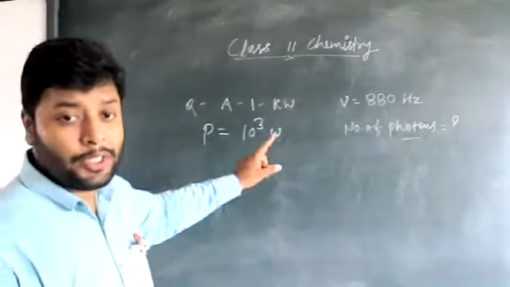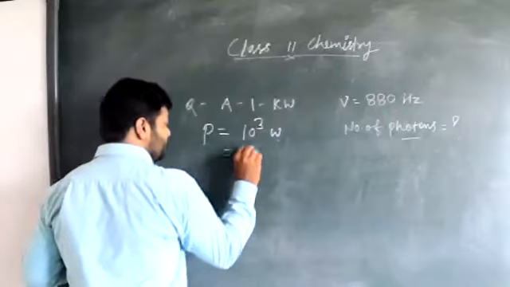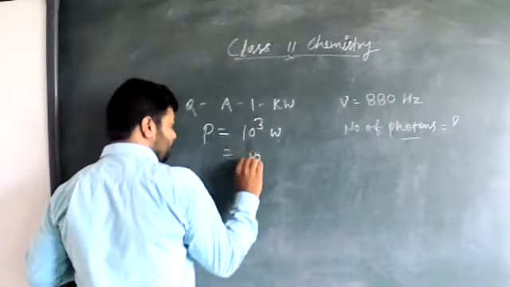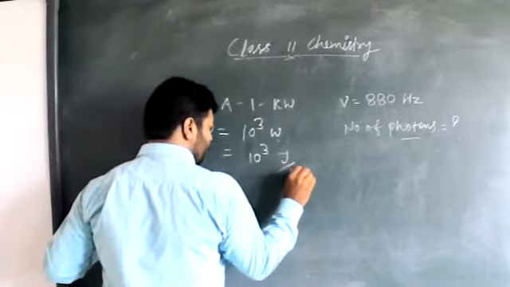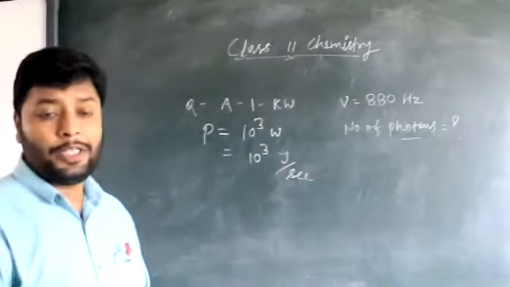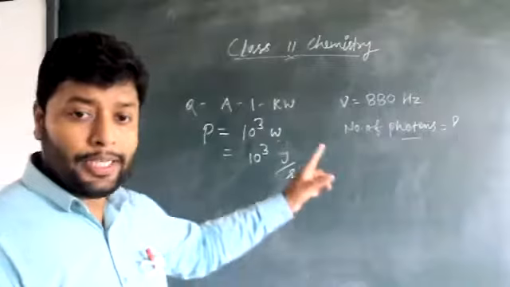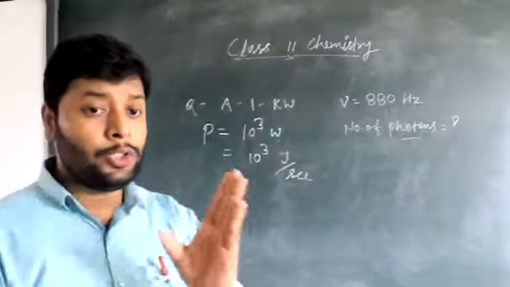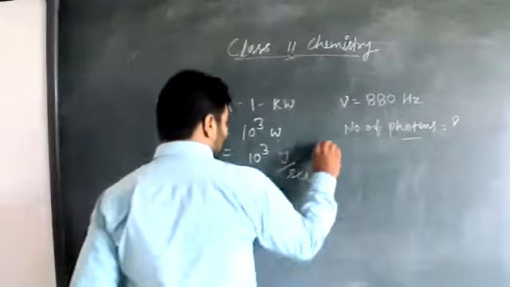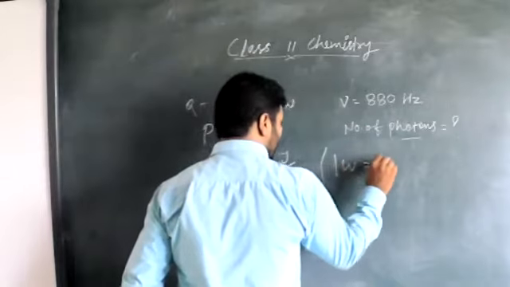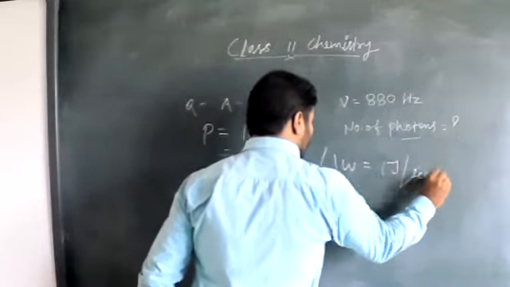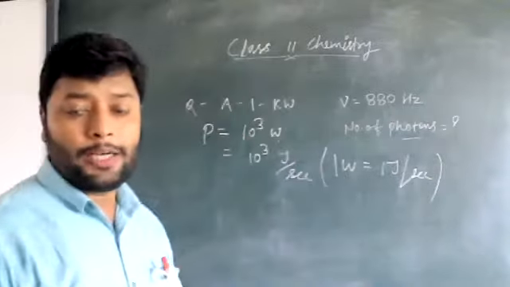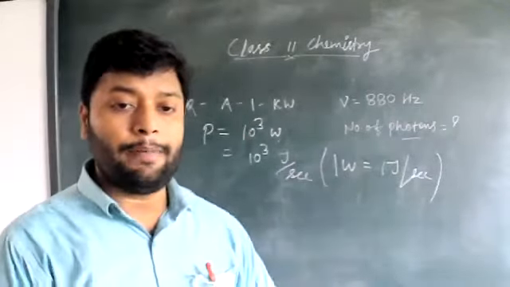Kilowatt means 10 to the power 3 watt, which is equal to 10 to the power 3 joule per second. Actually, 1 watt equals 1 joule per second.